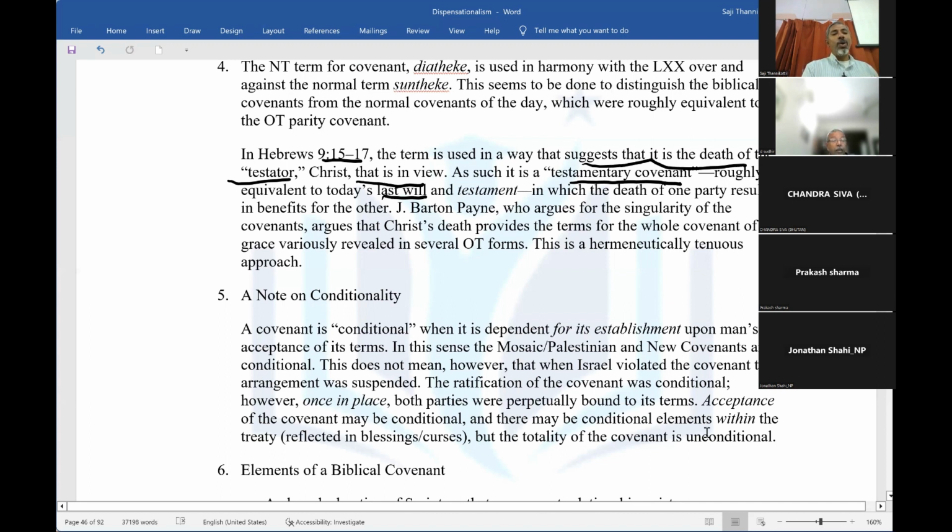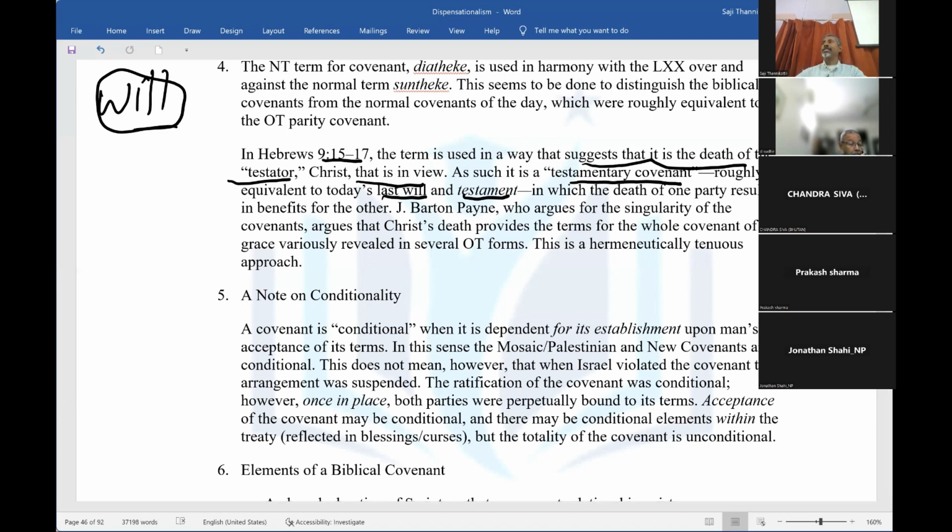Yeah, writing a will. A document people make, this will is known as a testament. So what does the will actually do?